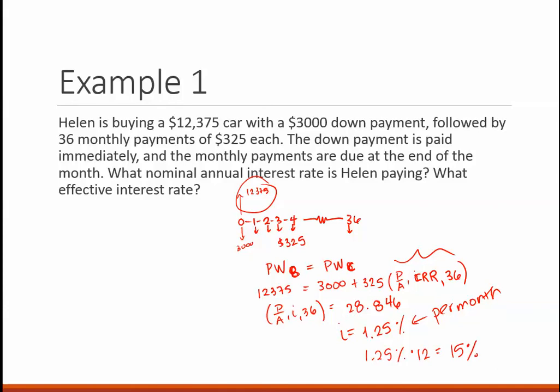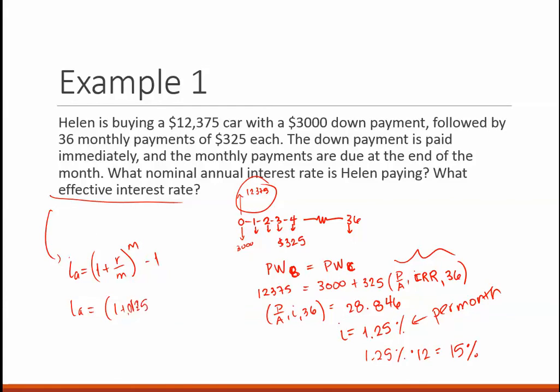Now let's find the effective interest rate. So I'm going to do i sub a is equal to, let's remember our formula. It is (1 plus r over m) to the power of m, minus 1. Okay, so let's replace some values here. So 1 plus, what's r over m? Well, r is 15 and m is 12. So if I do 15 divided by 12, I'm going to get 1.25, so I'm just going to write it here, 0.0125.